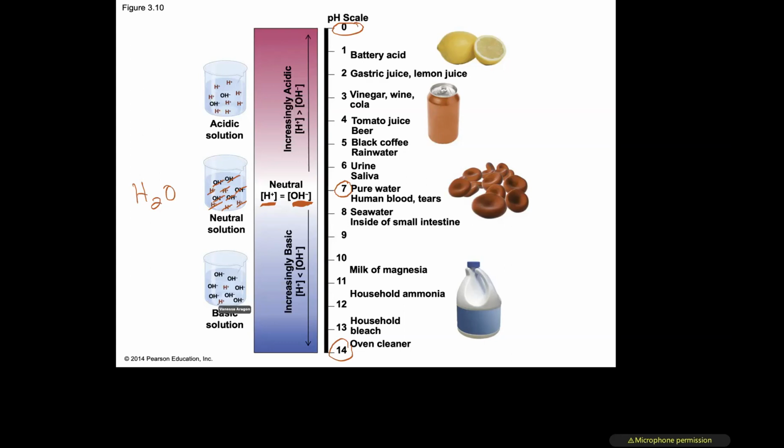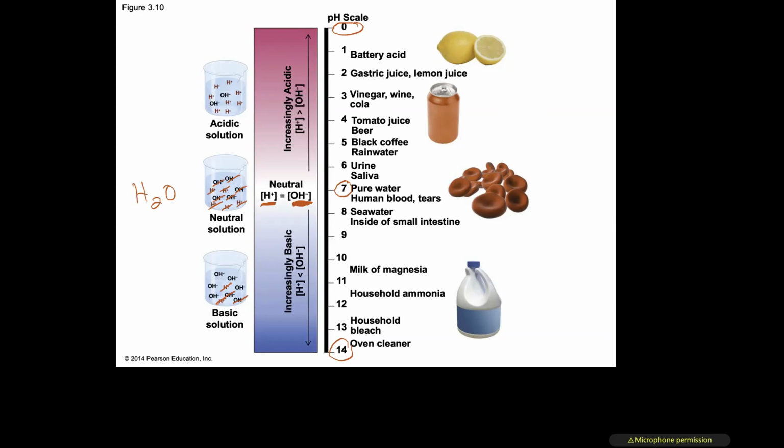One hydrogen to that hydroxide makes water. One hydrogen to that hydroxide makes water. Now you're just left with a bunch of hydroxides, and those extra hydroxides are going to make that solution basic. Lots of hydroxides can cause cellular damage, just like an acidic solution can too.